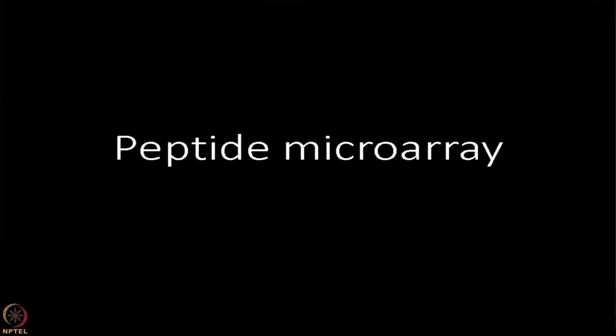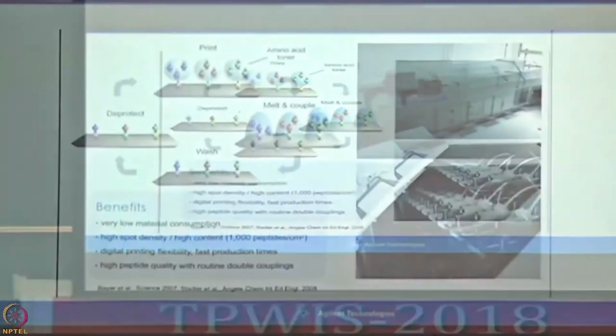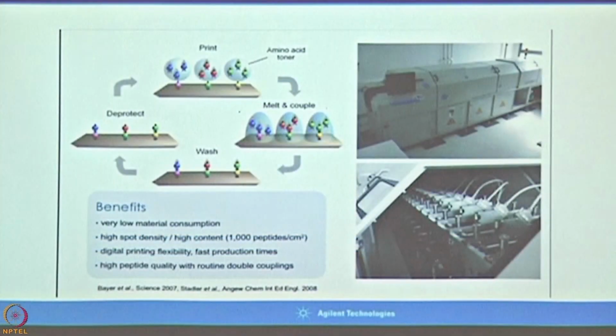Now we are talking about the peptide microarray. How do we make the peptide arrays? This has 24 different nodules, because there are 20 amino acids, and 20 amino acids plus 4 is to deprotect basically.